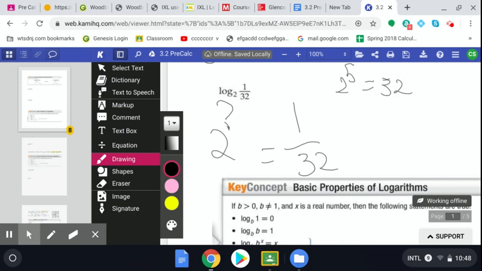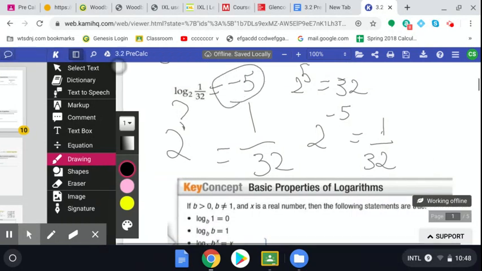But if I want 1 over 32, that means that it would have to be a negative number. So I know that 2 to the negative 5 power would be 1 over 32, which means that log base 2 of 1 over 32 should be negative 5. That's what your answer is going to look like.